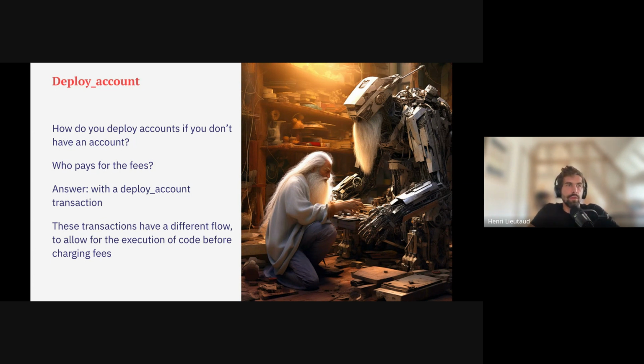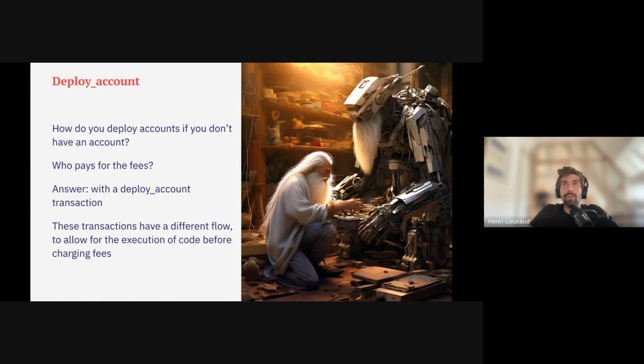own account. Instead of calling validate and making sure that they can get paid on validate, they will check that the address you want to execute has funds, whether it has code deployed or not.